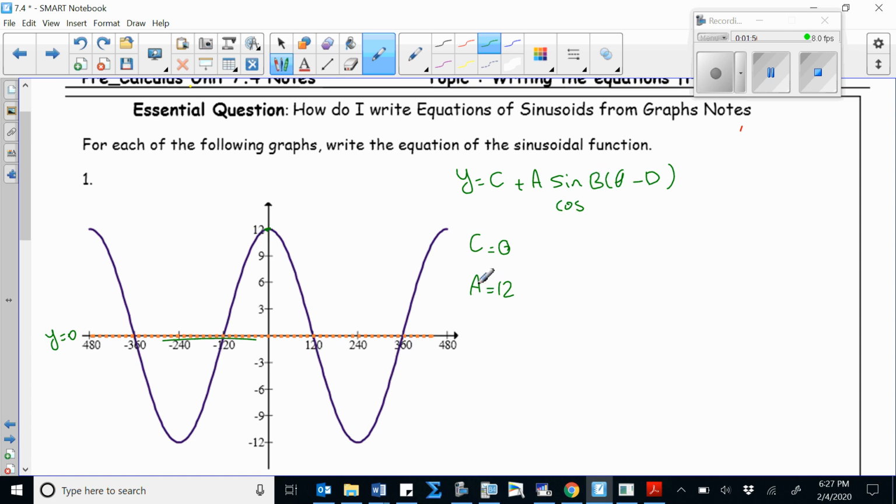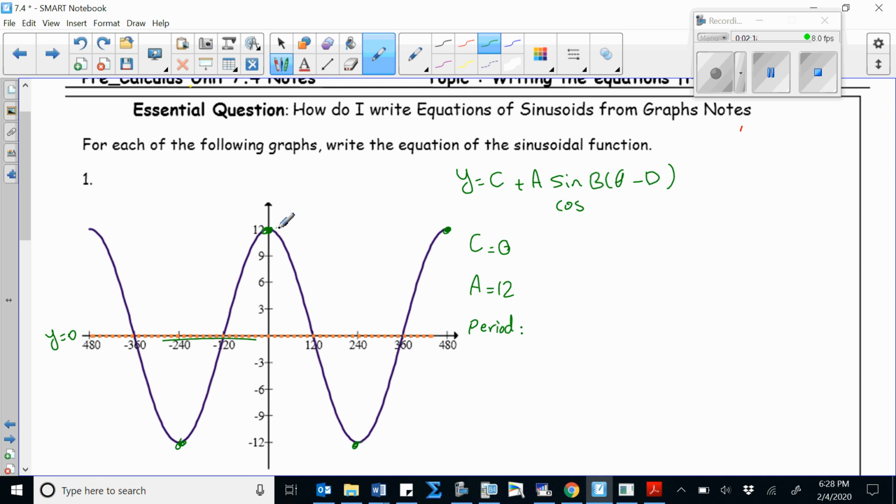To find b, first of all, we need to find the period of the function. To find the period, we need to see how many degrees or radians our function needs to make a full cycle. To find a full cycle, I can look for two consecutive high points, like this one and this one. These are two consecutive high points, or even two consecutive low points.